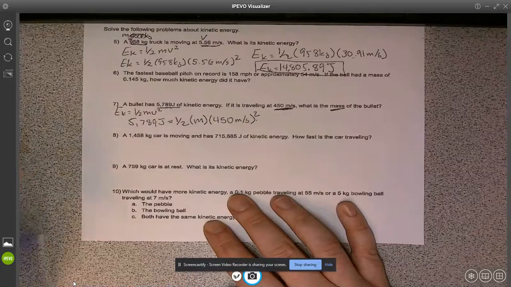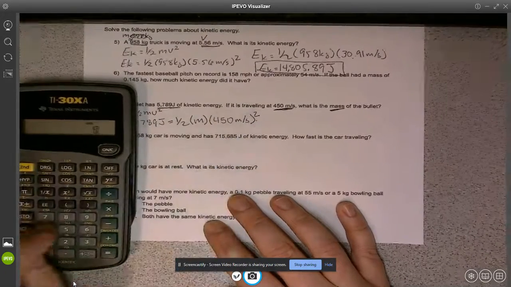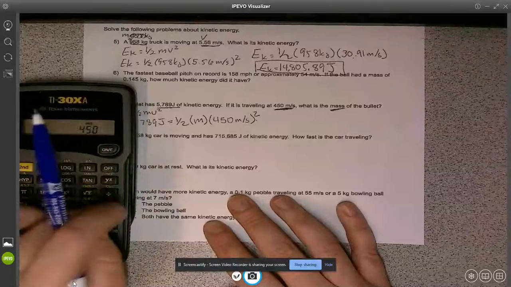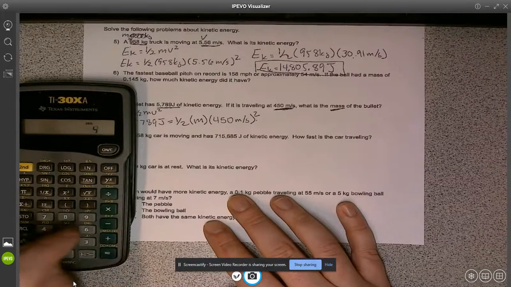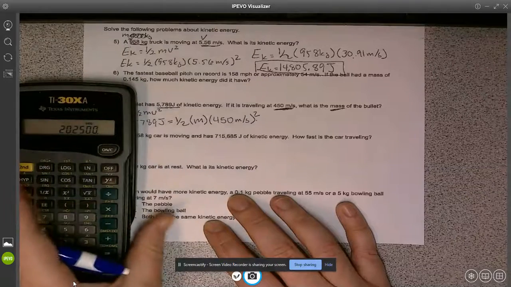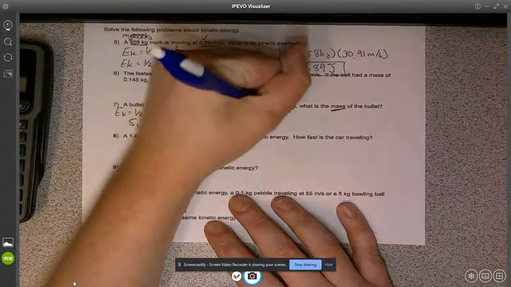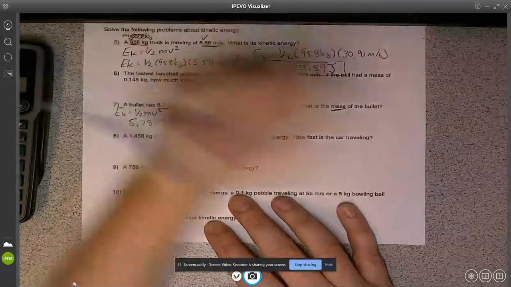First things first, I'm going to get my calculator and square this number. 450 times 450 is going to give me 202,500 meters for every second. So I'm going to write that down, and bring my formula over here and clean things up a bit.